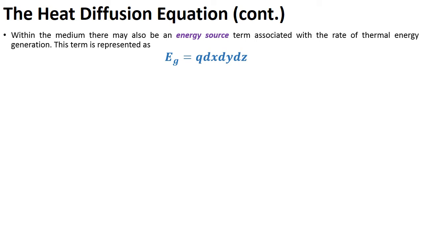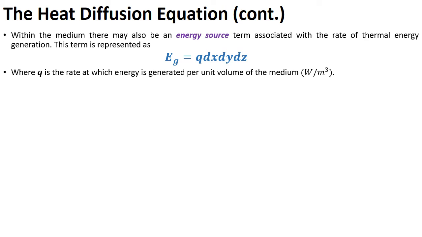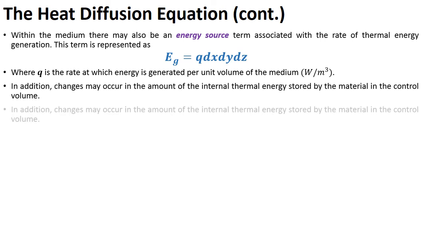Here dx dy dz is the differential volume, and q is the rate at which energy is generated per unit volume, and it has unit of watt per meter cubed.